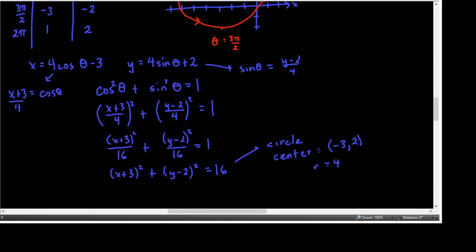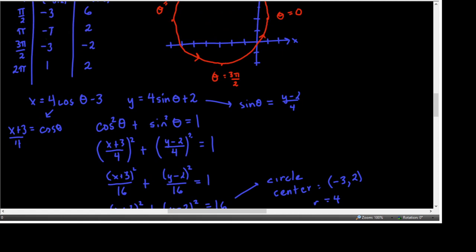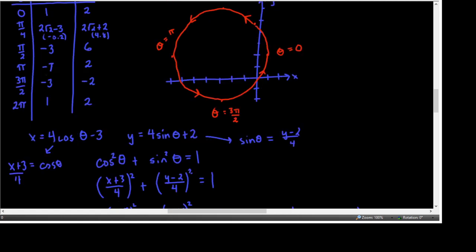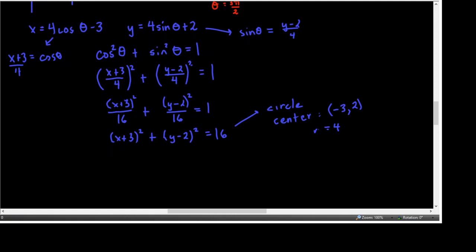So let's look at our graph and see if that's true. If we plot the point -3, 2 as the center, and then go right 4, we'll get to that point. Yep. Up 4, we'll get to that point. Indeed. Left 4, down 4. Yep. This is a circle centered at -3, 2 with a radius of 4. So that is correct.